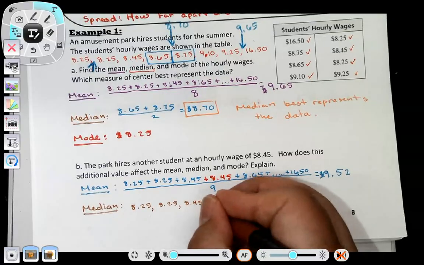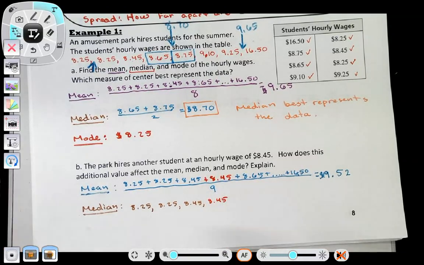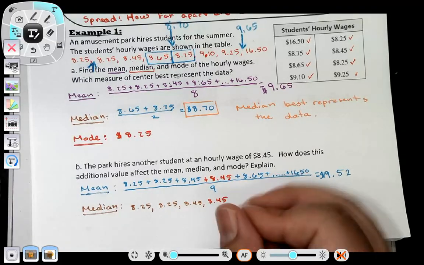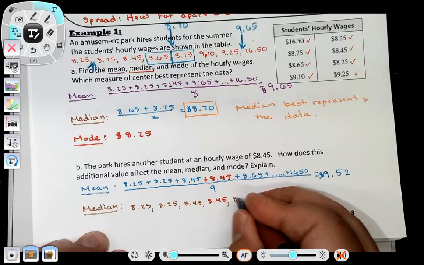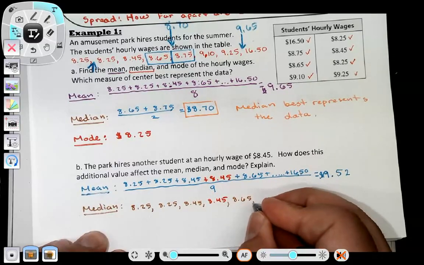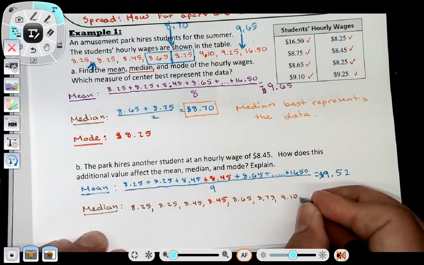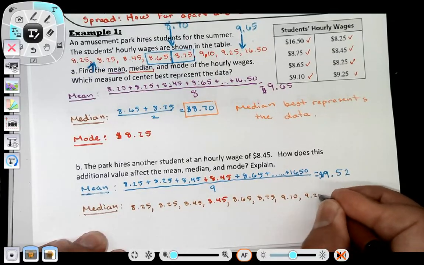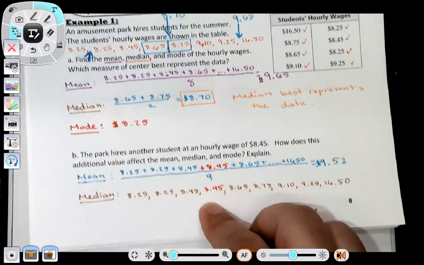There's the brand new 845 we added to the list. Normally, I would just make one nice list at the top with some space, but we didn't have a lot of room here. All right, here comes the rest. 865, 875, 910. So that's the only thing. They're not difficult questions. They're a little time consuming though. All right, well, there's the new one we added to the list.